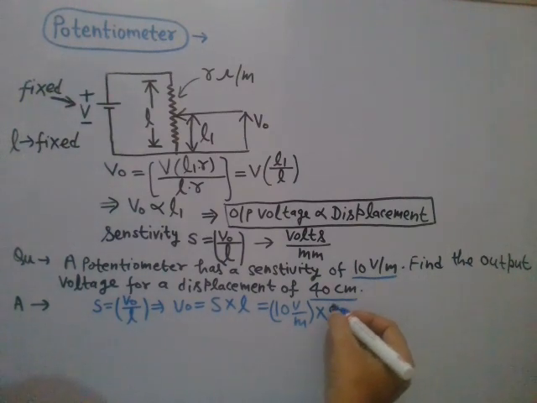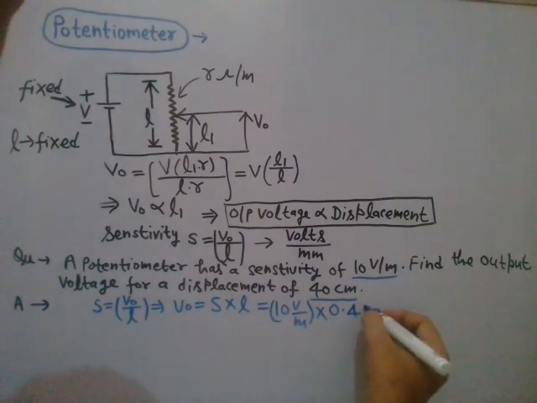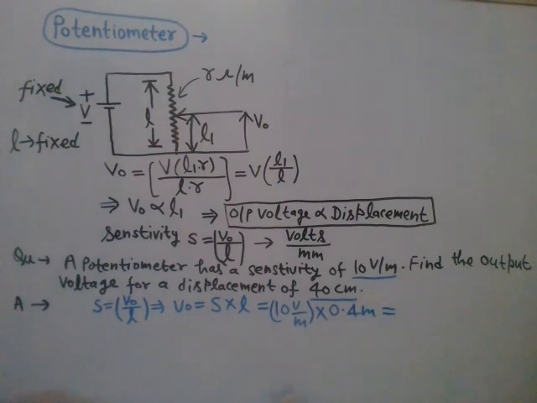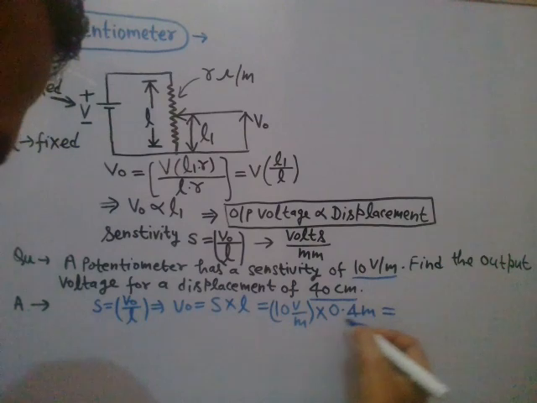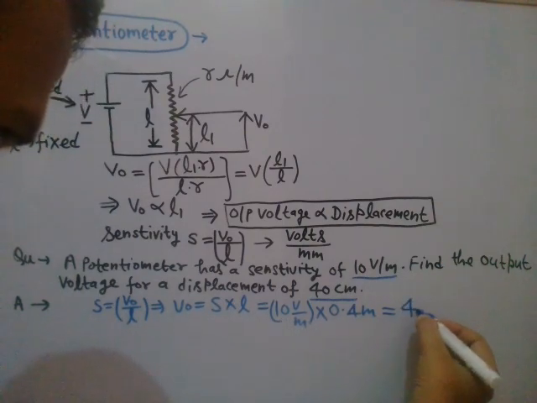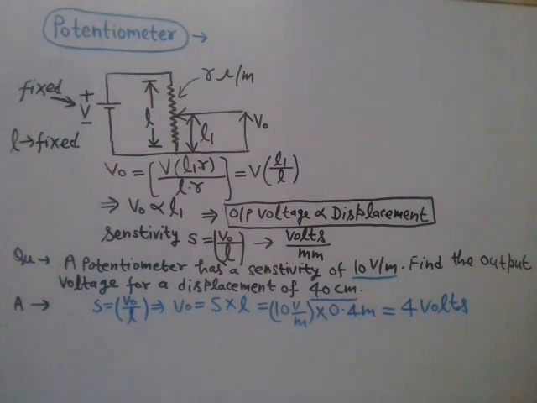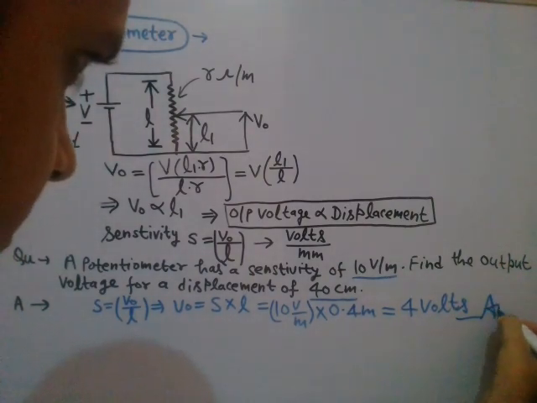So the output voltage V0 comes out to be 10 into 0.4, that is 4 volts. That's the answer.